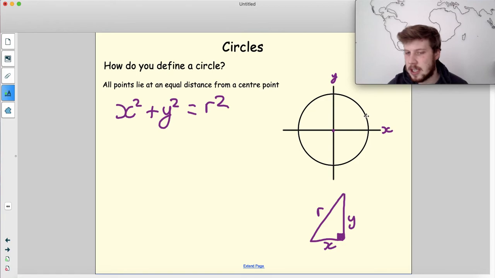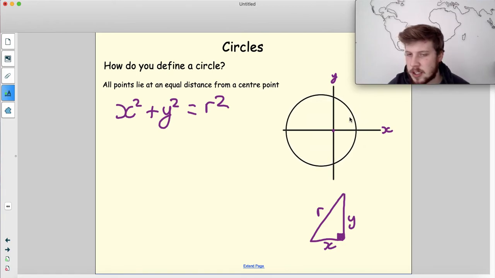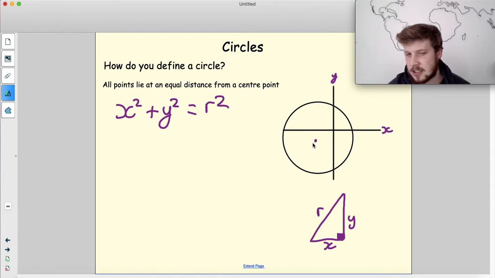I want us to now think about what happens if I move my circle across and down, and my centre, let's say, is now here, and I'm just going to give it a coordinate of -2, -1. What would the equation of this circle be?